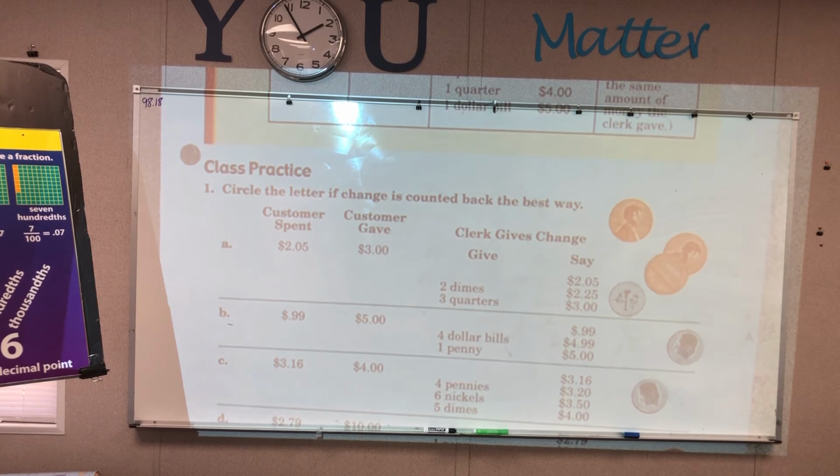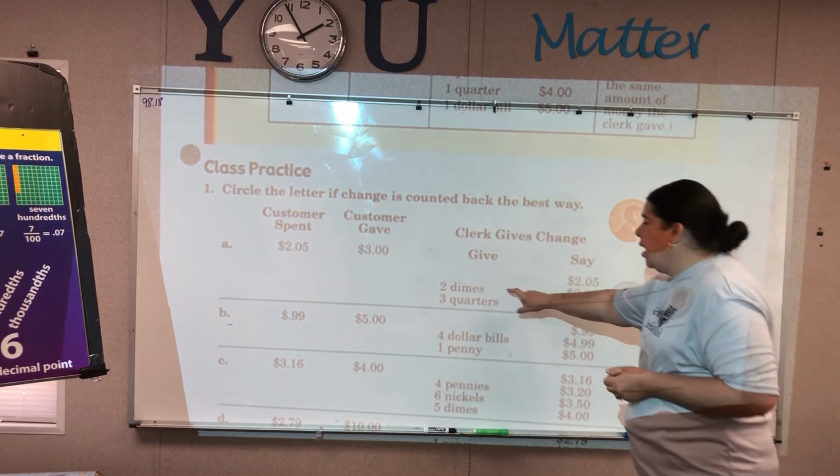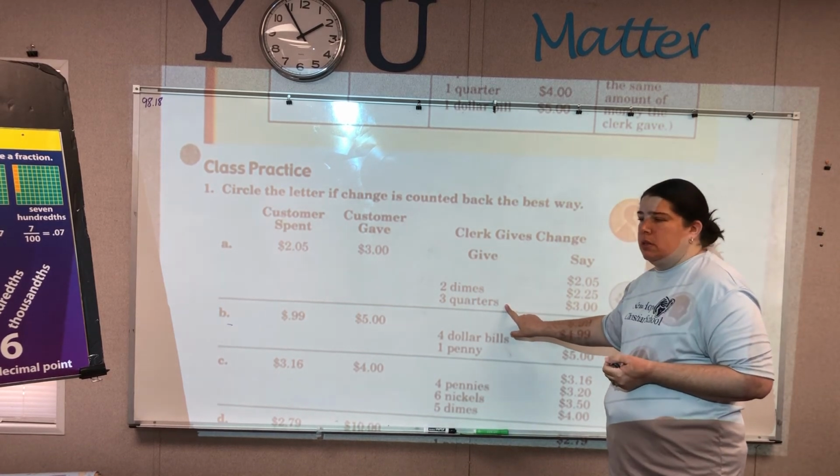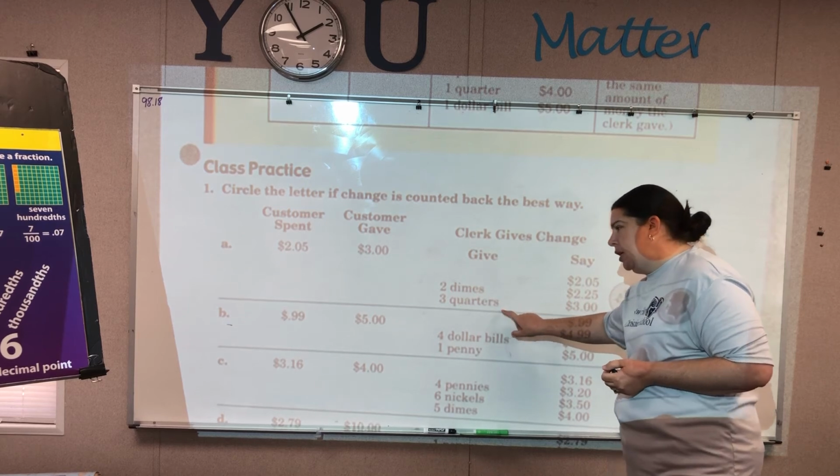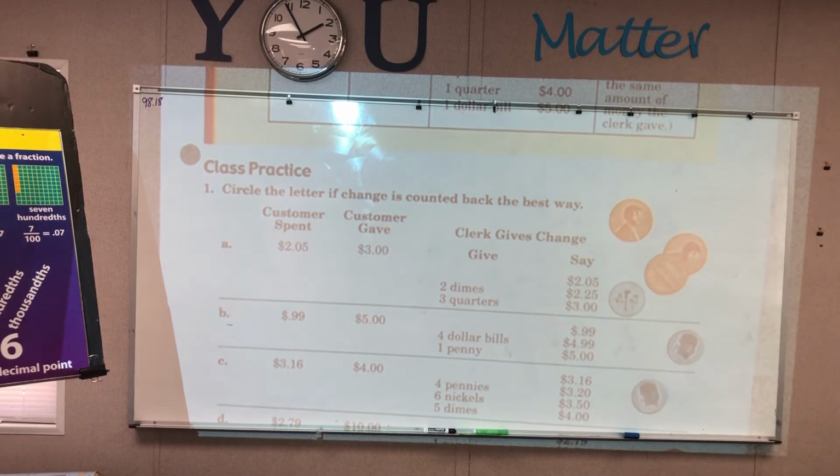The clerk gives back 2 dimes and 3 quarters. Is that the best way? Yes, it is, because they started with 2 dimes and it's less than 3 quarters. Dimes is a smaller denomination. Next one. So you should circle that, letter A.